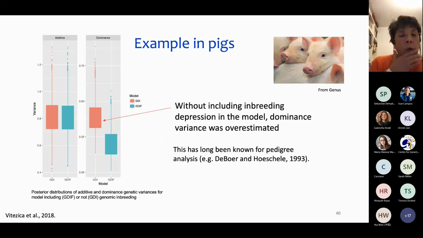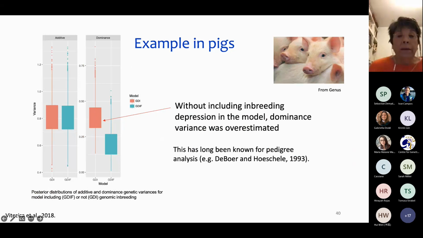We also looked at the value of the different variance components, with or without including the inbreeding depression. Here you have the additive and the dominance variance, and 2 models showing the posterior distribution of additive and dominance genetic variance: the model in orange, where we don't include the genomic inbreeding, and the other model where we include the genomic inbreeding.